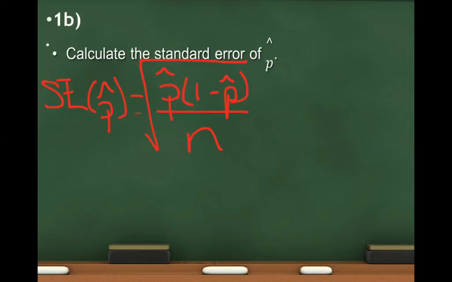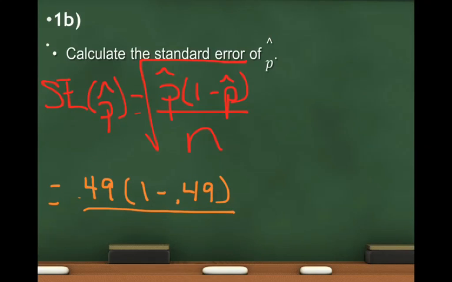So you're going to have 0.49 times 1 minus 0.49 divided by 799, that's our total amount of teens, and then take the square root of all of that.